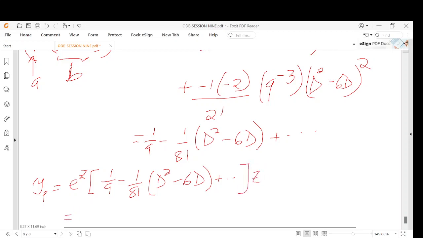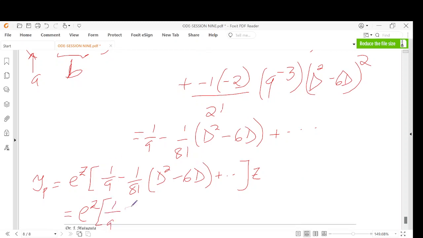Notice that we can open the brackets here and get e raised to power z. So we can push the z inside here. So when it comes here, we get 1 over 9z, then minus 1 over 81 we have d squared z, and d squared z is 0, minus 6dz.